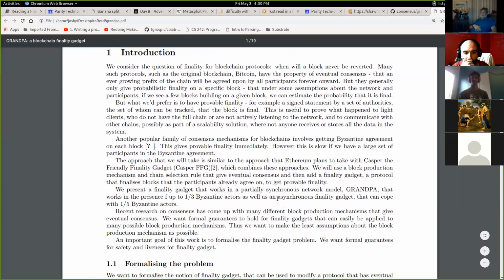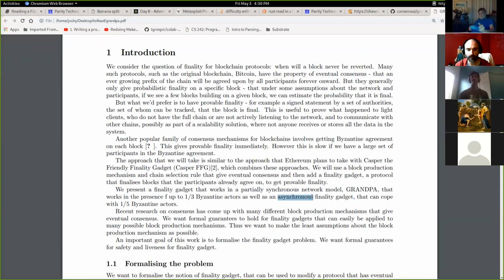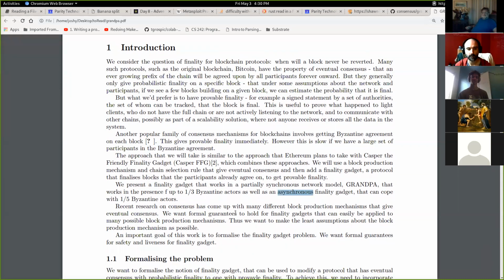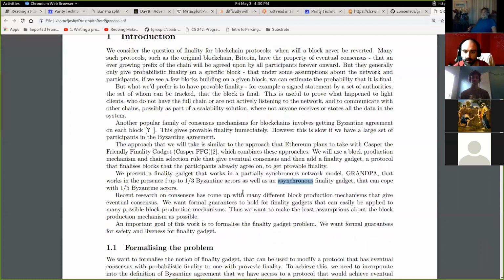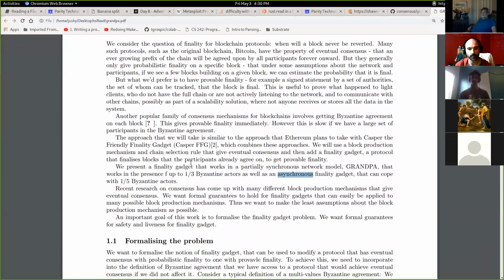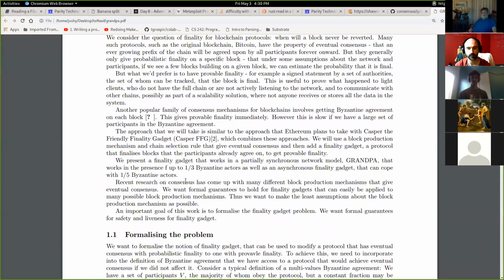It almost sounds like this one that's totally asynchronous is not Grandpa, though, based on the way they phrased that. But it's interesting that they say asynchronous finality. Yeah, and I'm curious to see where this number comes from too. I haven't seen that before kicking around in distributed consensus.